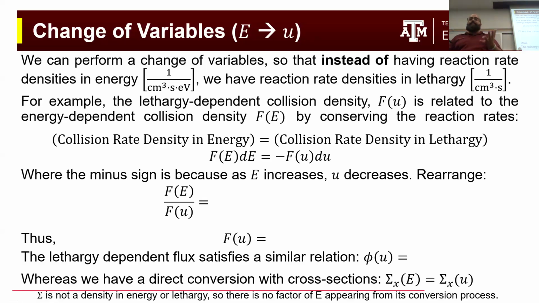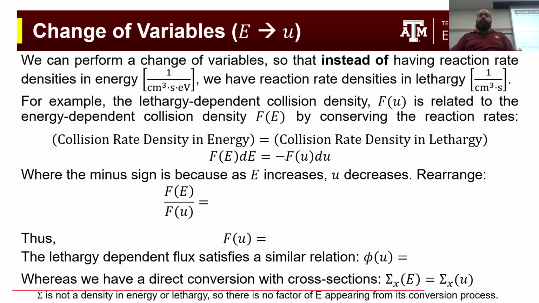If the collision rate density in energy terms is some number of reactions per unit volume per unit time, that has to match if I switch over to a lethargy scale. Otherwise, my math won't make sense. And so the way that we make this work is we include the appropriate multiplier to make sure that the overall units on each side match.